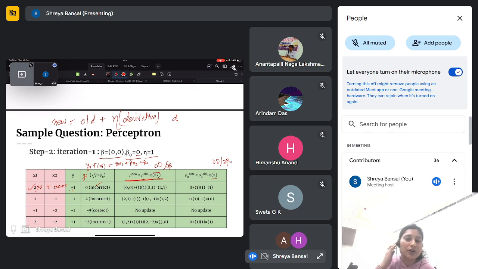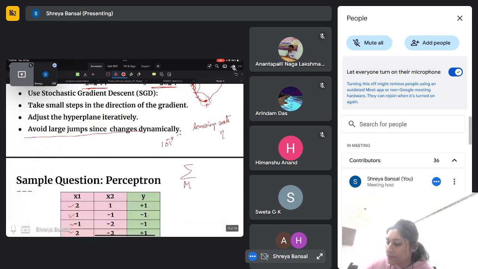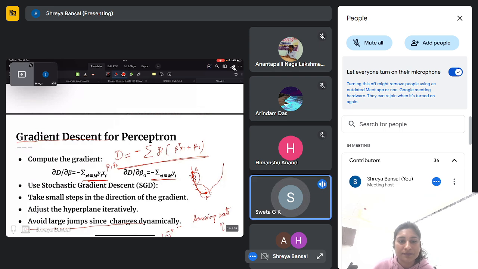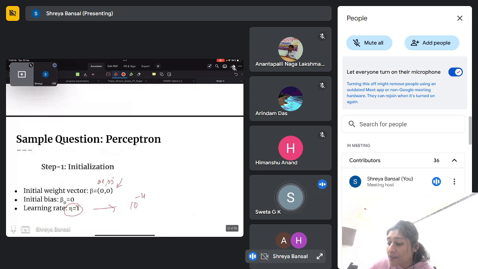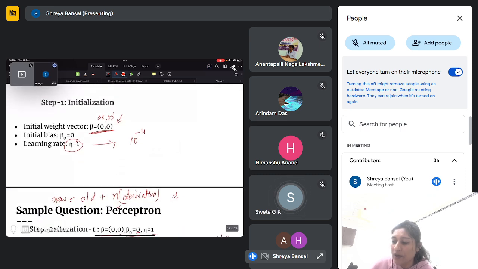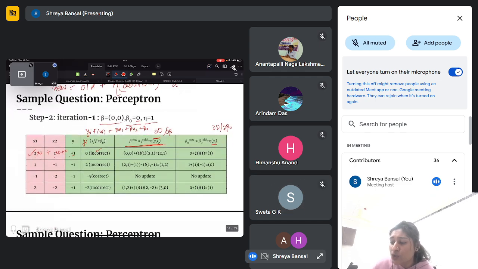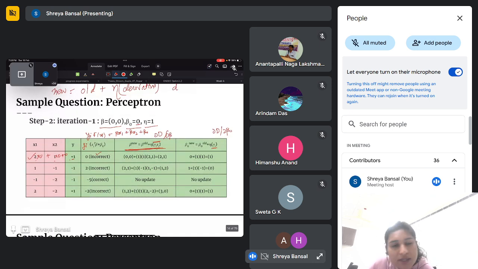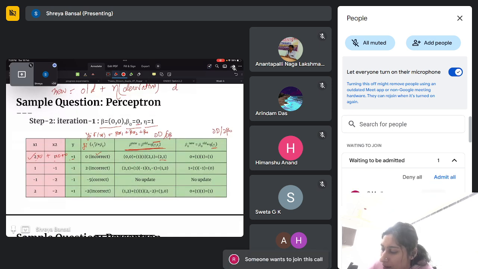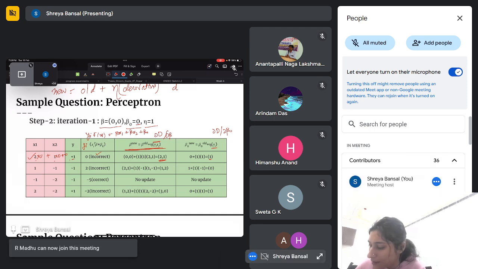This we have already calculated in this slide. And how to find beta old, ma'am? Beta old is, we have started with this. This is your beta old now. We started with some beta and we want to change it now. So we just put in this equation and we will get new beta. Simple. So how are you going to get this new beta? Just look at it here.